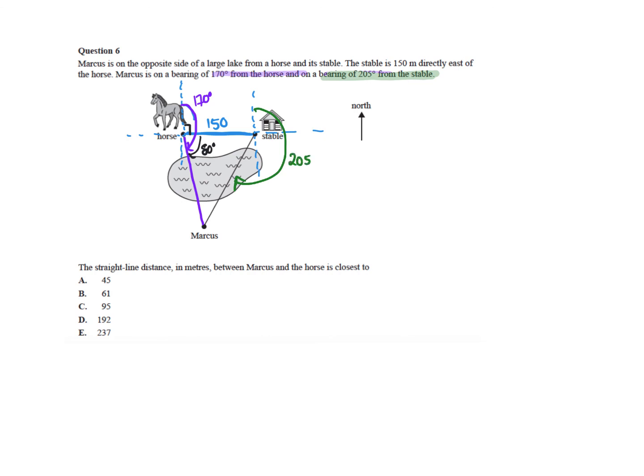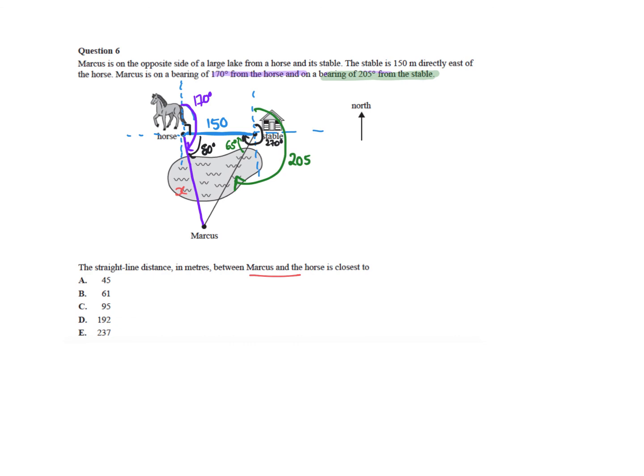We've got to remember that directly round to the west line is 270. So this in here must be 65, because 270 minus 205 is 65. The question asks for the straight line distance between Marcus and the horse, that's here.